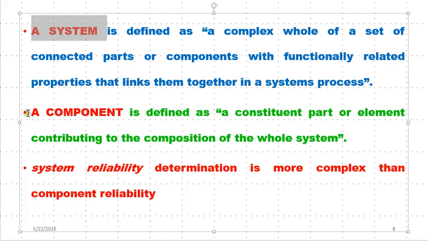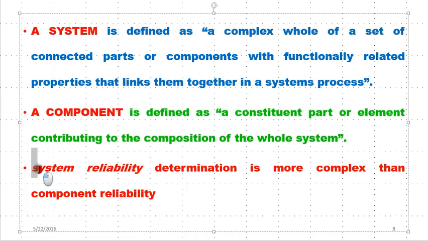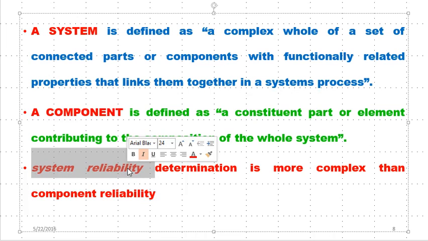Now, what is a component? A component is defined as a constituent, that is a part or an element belonging to a system, an individual element this time around. So if you look at these two, a system comprises many components, whereas a component is a standalone device, meaning whenever you are trying to find the reliability of a system, the procedure will be harder, more difficult than when trying to find the reliability of a single component.